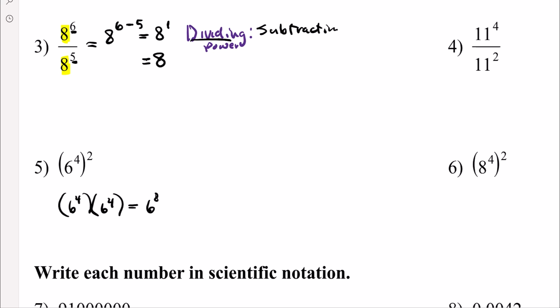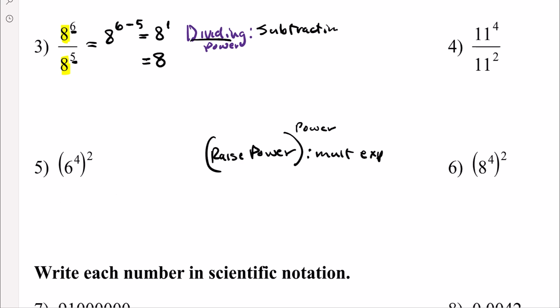But an easier way to do that is when you're raising powers to another power, you multiply exponents. So instead of writing that, you could just say, we're raising this power to a higher power, we can multiply.